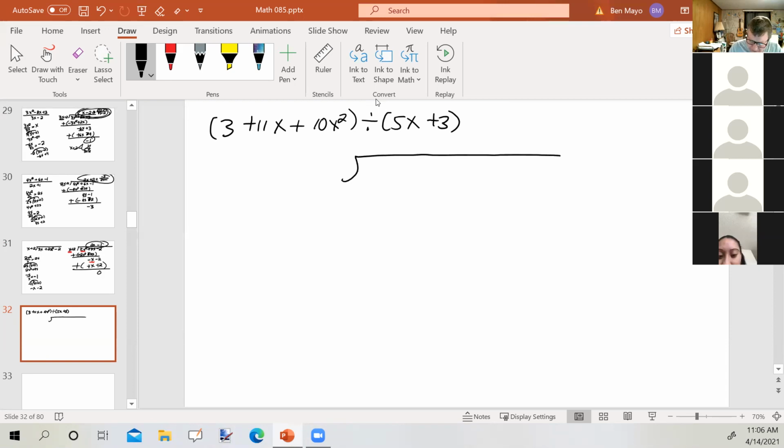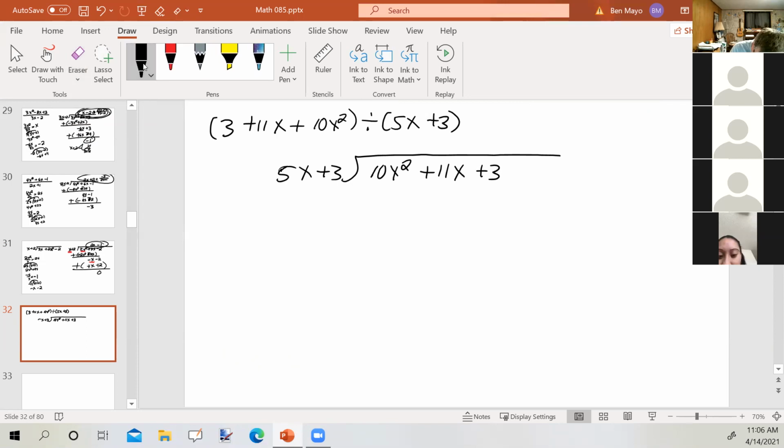So what am I going to put on the outside? 5x plus 3. And on the inside? The inside would be 10x squared plus 11x plus 3. There you go. Good job.